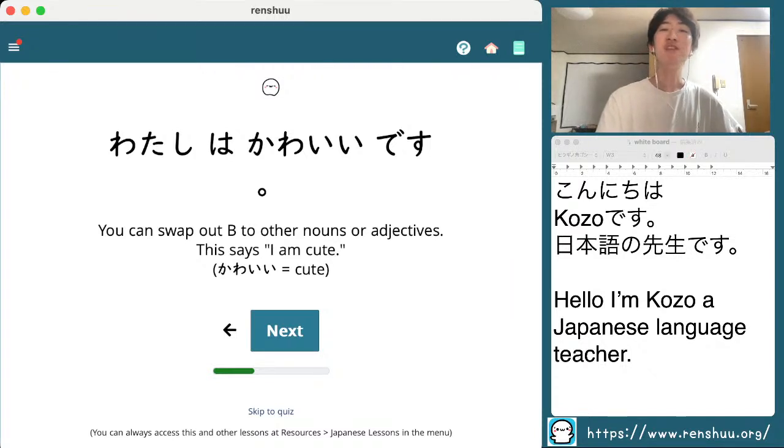So you can put an adjective in this case. Kawaii is an adjective. Cute is an adjective. 私は可愛いです。私は楽しいです。I'm fun.